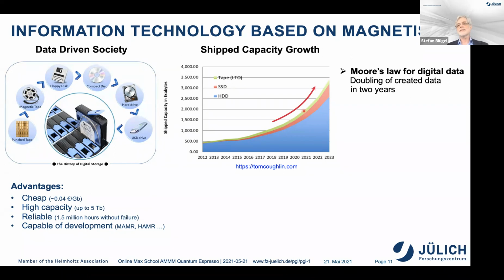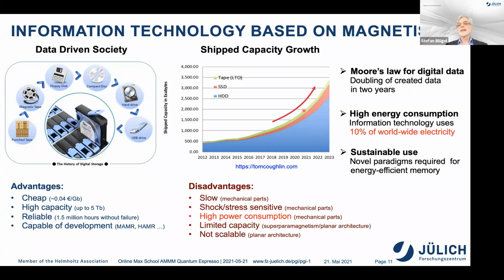And what we realize is there is also a Moore's law for digital data. The amount of created data doubles every 2 years. And therefore, even now, 10% of the worldwide electricity use goes for information technology.